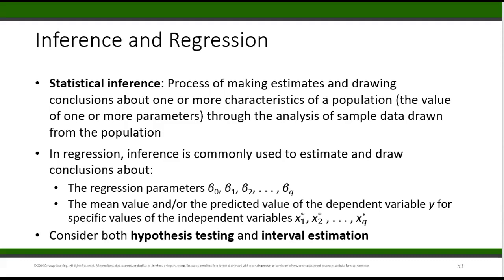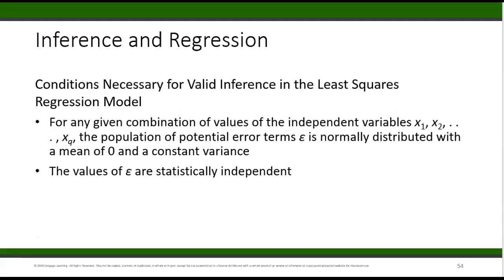So what are these conditions? Very simple. The error term epsilon, which we estimate using the residual, should be normally distributed with a mean of 0 and a constant variance.